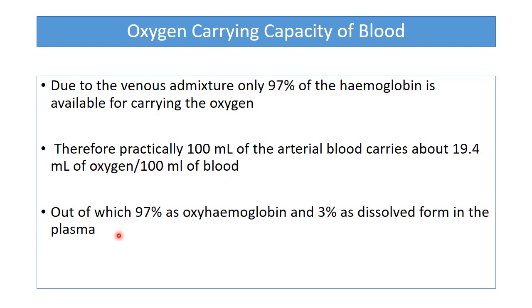Out of this, 97% is transported in the form of oxyhemoglobin, combined with hemoglobin by the process of oxygenation, and only 3% is transported in the arterial blood in dissolved form, or in solution form in the plasma.